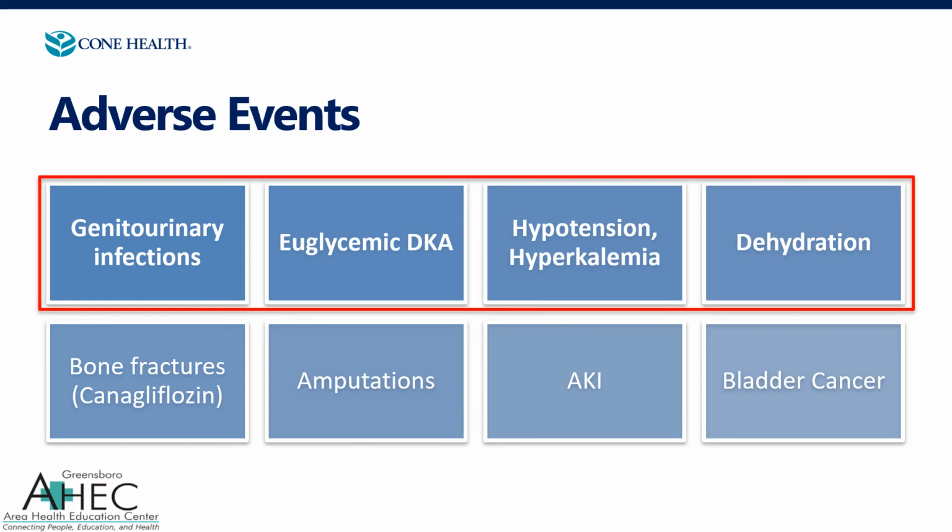So it's important to keep in mind that patients on SGLT2s should have close monitoring with diabetic foot exams as closely as possible when indicated. And then lastly, bladder cancer can be seen with all SGLT2s, mostly with dapagliflozin from the clinical trials. So if a patient has a history of or currently has bladder cancer, then this would be contraindicated.